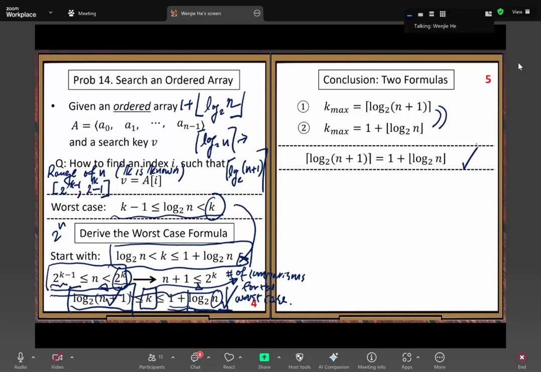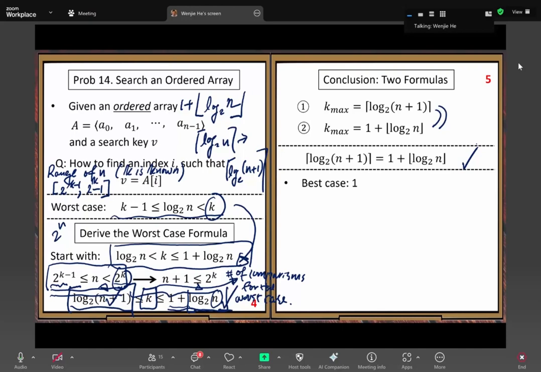Here I don't want to prove it at this point. I want to save some time, because I need at least 20 minutes to prove it. So I skip it. After this step, we have the formula.